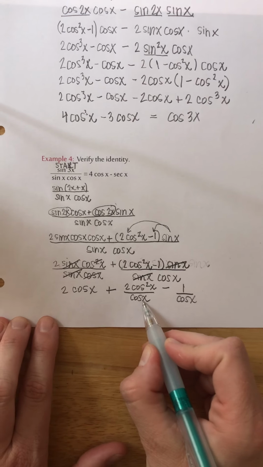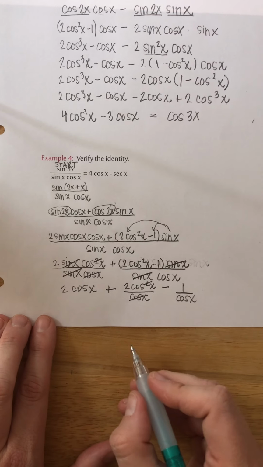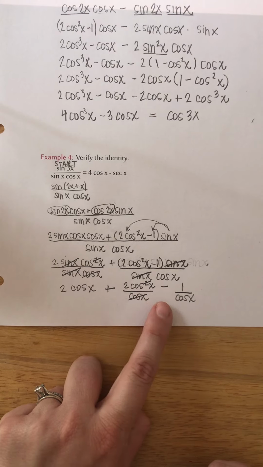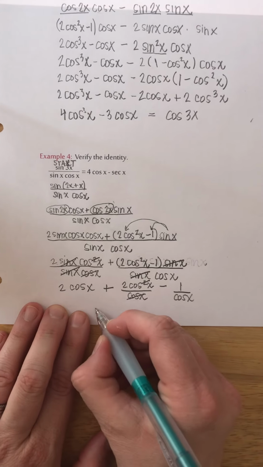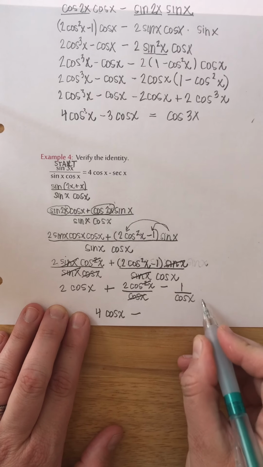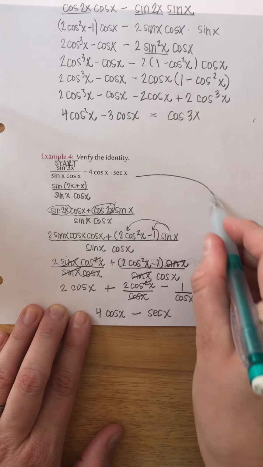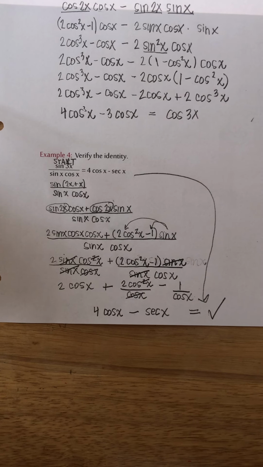Because right here, there's a cosine x in the bottom. There's 2 in the top. So one of them in the top is going to go away. That's going to leave us with just a plain old 2 cosine x. Well, that 2 cosine x plus that 2 cosine x is going to give us a total of 4 cosine x. And then this turns into secant, which is what we had on the other side.